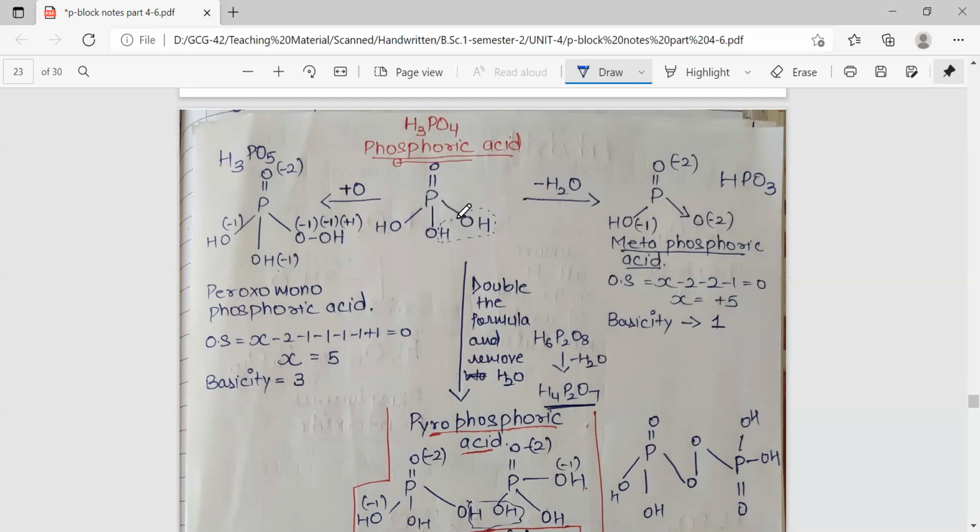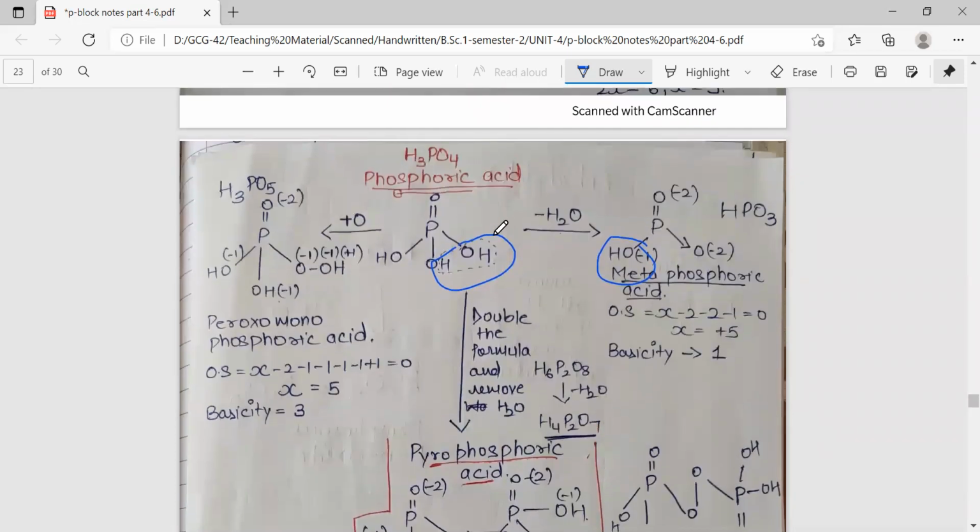So from here the water molecule will be removed like this. We'll have one OH, one coordinate bond with oxygen, and one doubly bonded oxygen. The formula becomes HPO3, and the oxidation state of phosphorus is going to be plus 5. Basicity is 1 because of the presence of one hydroxide group.